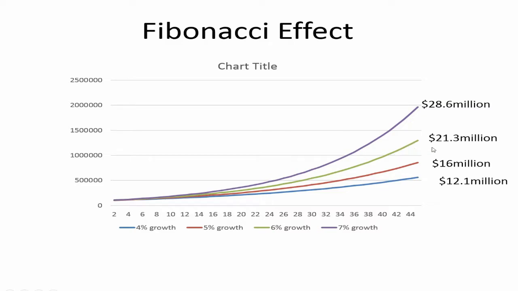But what if it's 6% as shown in the green graph, and 7% as shown in the purple graph? You see how much the eventual difference is. It's massive, although it's just a 1% growth.